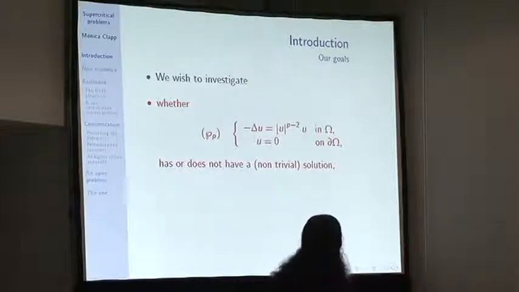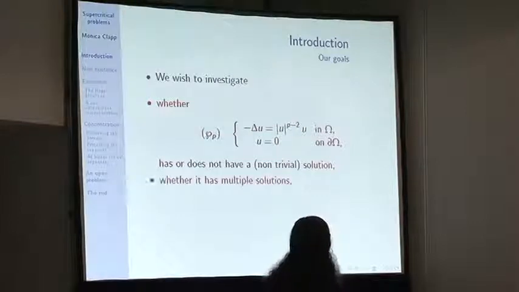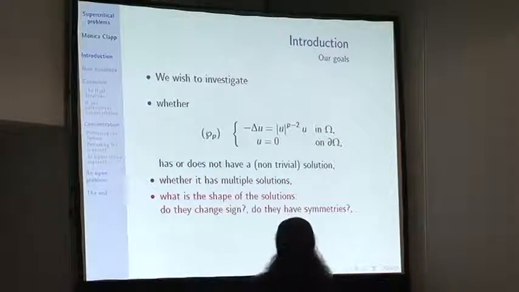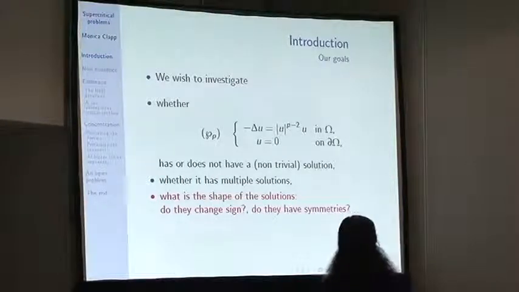And then when we know that the problem has a solution, then we can also ask whether it has more than one solution. And we can also ask, what is the shape of the solutions? Are they always positive, say, or do they change sign, or do they have some symmetries, and so on?